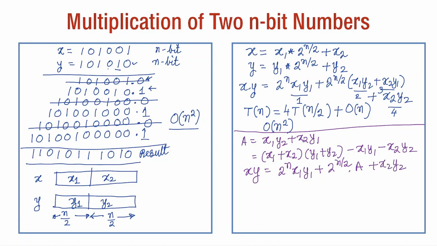we now see that we have got it into only 3 multiplicative forms. There are only 3 multiplication forms. This is one type, this is the second type, x1 y1, x2 y2, and this is the third multiplication here.